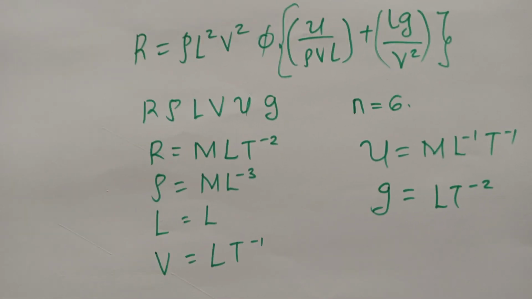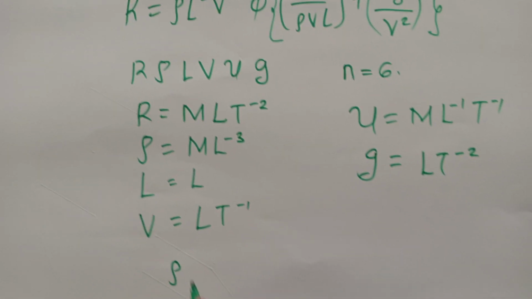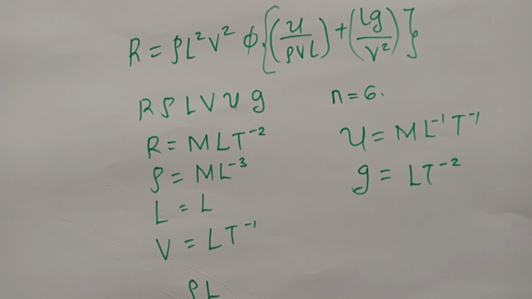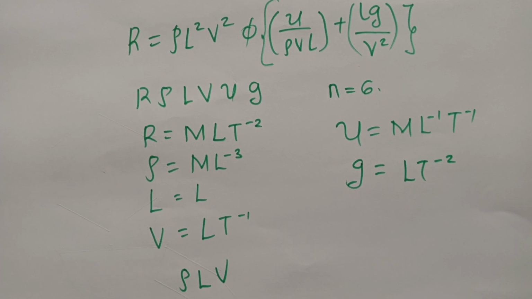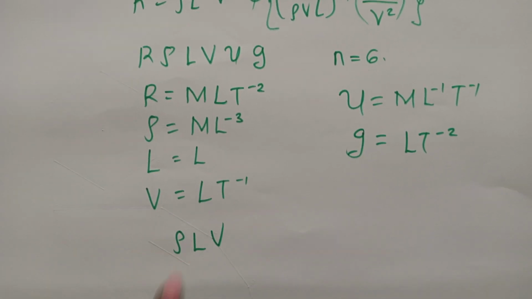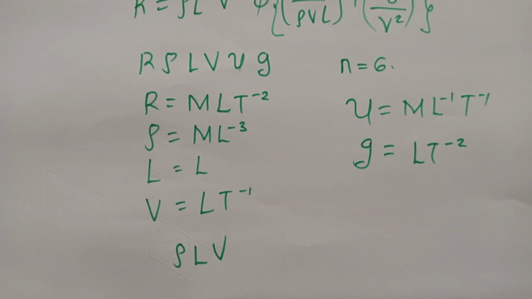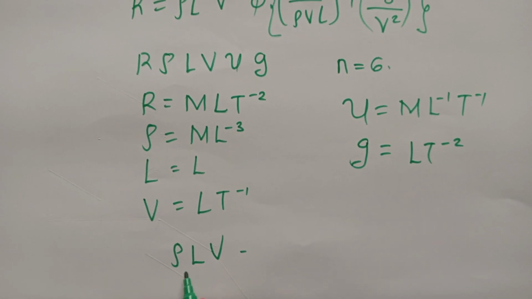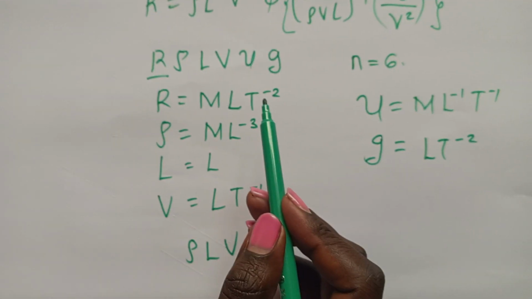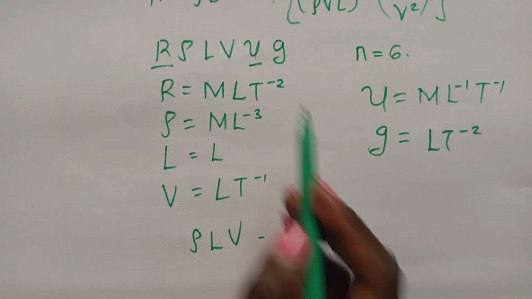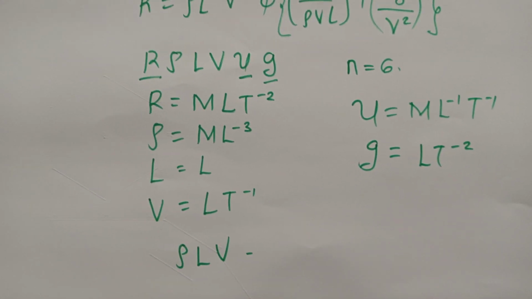So the repeating variables are rho, L, and finally V. This is for the kinematic factor, the geometric, and the density with an M. So we have 3 of them. The remaining are R, mu, and acceleration due to gravity, and we're going to pick them, adding each and every one of them as we go down.